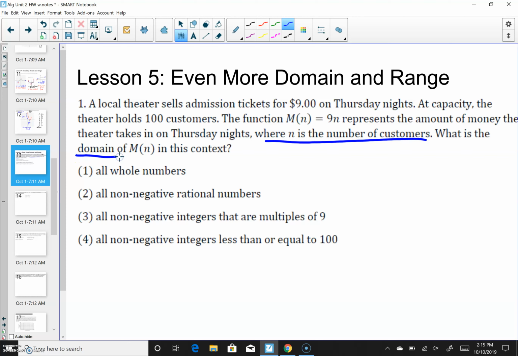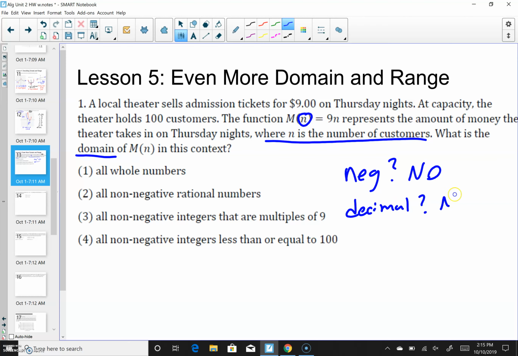We're talking about domain. Remember, whatever letter is inside of our parentheses is going to be our domain. So when we talk about the number of customers, we want to ask ourselves, can we have negative customers? I think we would all agree the answer is no. Can we have decimal customers?